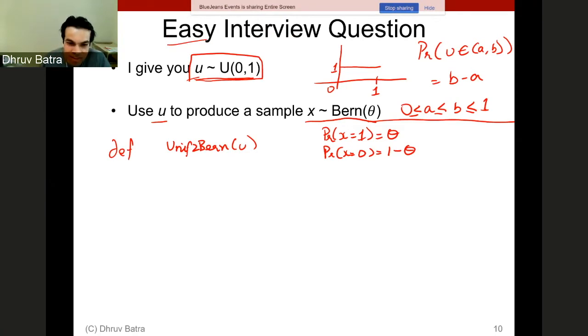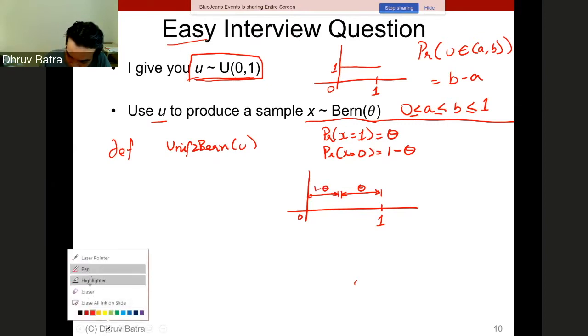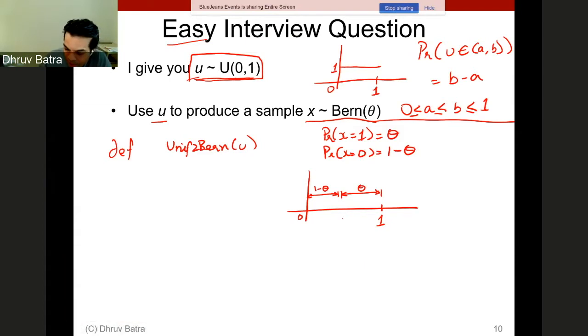And so the trick is to realize that you can basically convert the 0 to 1 interval into two intervals. You can have one interval of length theta and another interval of length 1 minus theta, and what you can essentially do is ask which subinterval did you fall into, and because the lengths of those intervals are proportional to those states, you can just assign them.